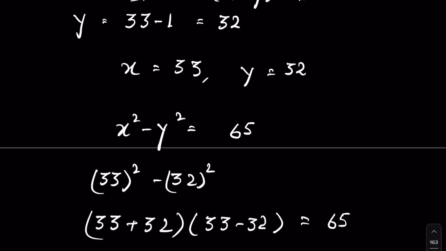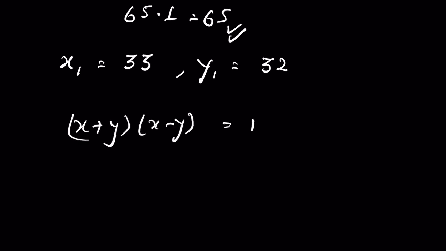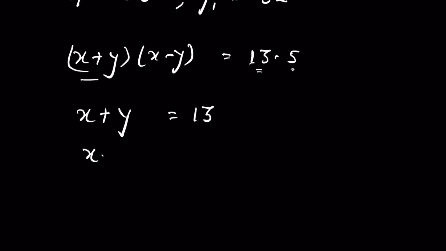Now let's take (x plus y) times (x minus y) as 13 times 5. Now x plus y can only be 13, it cannot be 5. So x plus y is equal to 13 and x minus y is equal to 5.